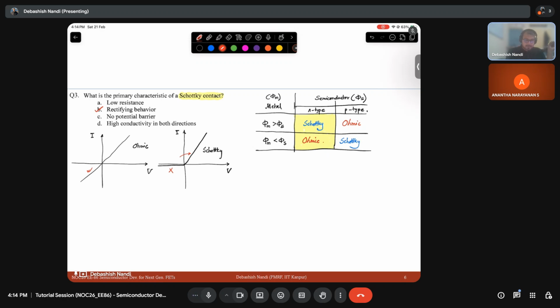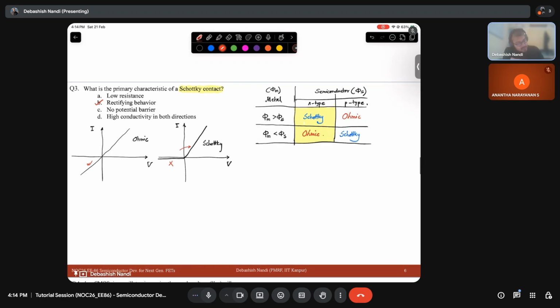Now we'll see how metal semiconductor contacts form Schottky barriers. First let us take n-type with phi m greater than phi s. Let us consider it in equilibrium.